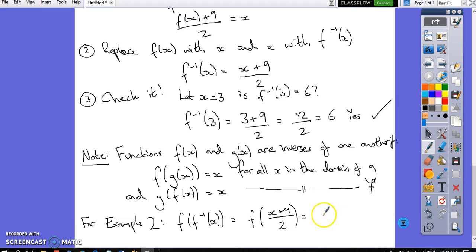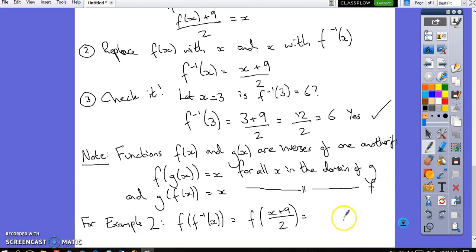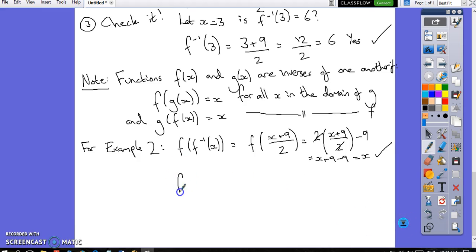And if I apply f to this, f was 2x minus 9. So I do 2 times this thing minus 9. These 2's all cancel. I get x plus 9 minus 9, which gets me back to x. So that's fine. And it should also work the other way.